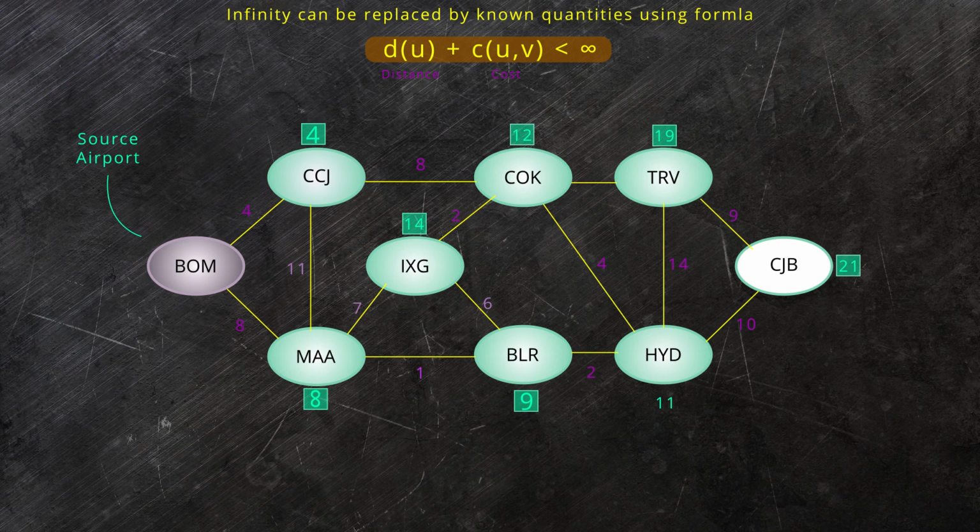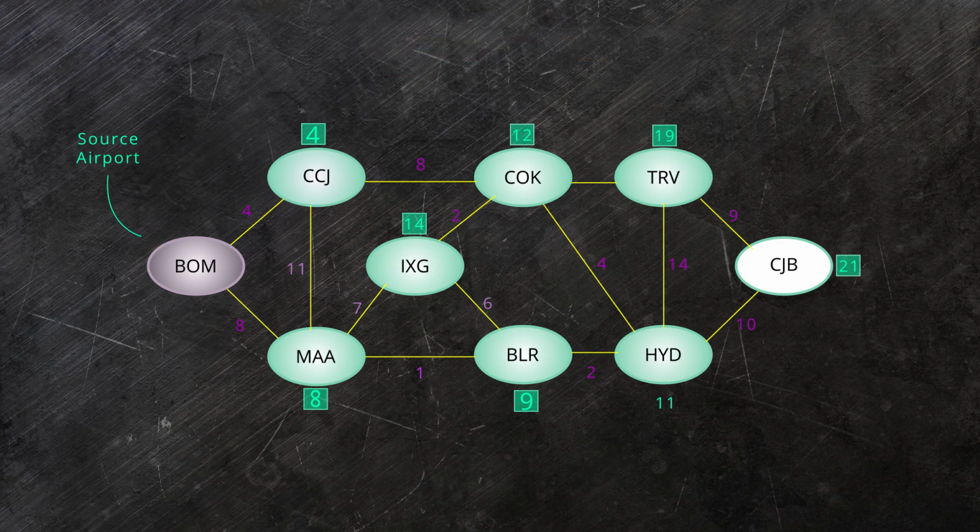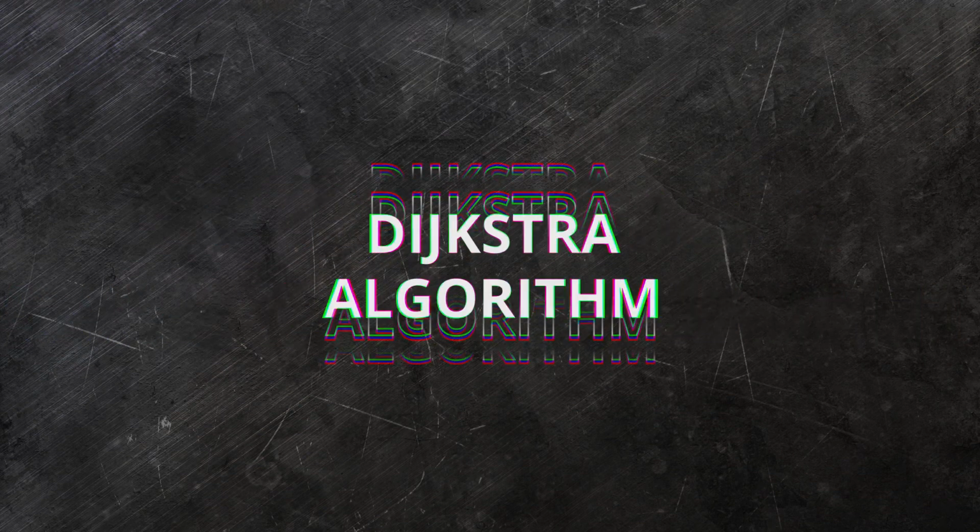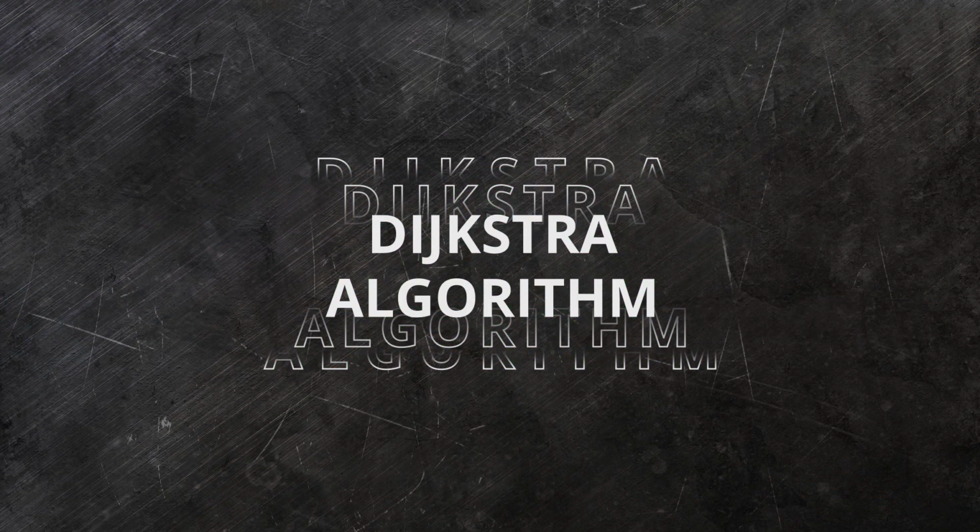The shortest distance from BOM to CJB is 21. The shortest distance from BOM to HYD is 11. The shortest distance from BOM to BLR is 9. Likewise, we will be getting the single source shortest path. From a source, you will be getting the shortest path to any destination or airport. So this method is called the Dijkstra algorithm.